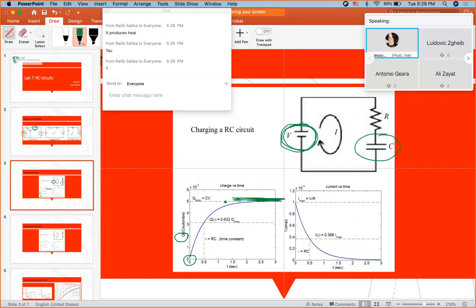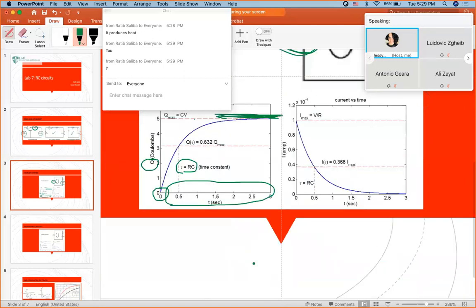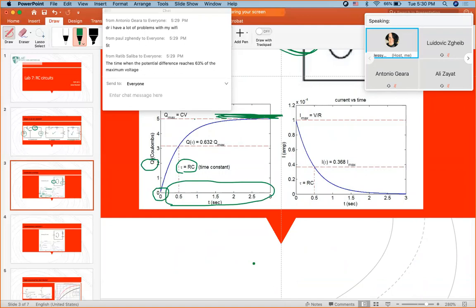Can you tell me a little bit about the times? What's tau, and when do you believe it's gonna be fully charged? That's a review from high school. Yeah, what about tau, Ratib? I'm sorry, Antonio, for your Wi-Fi problems. It's frustrating, I've been frustrated since yesterday.